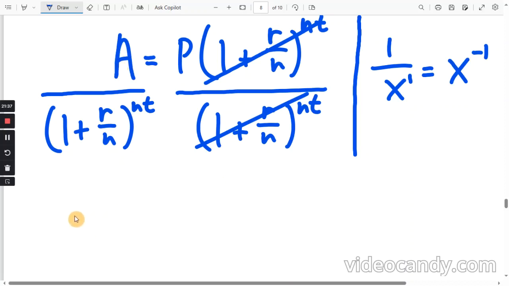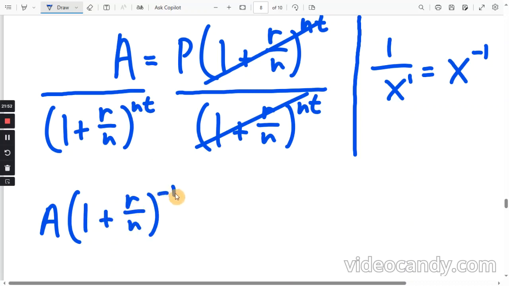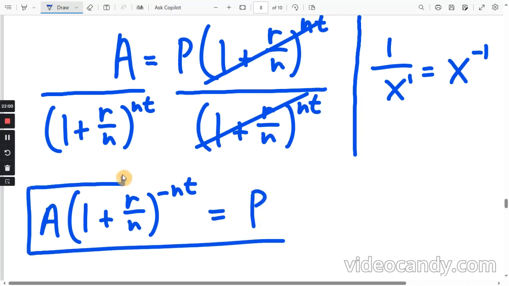So same thing here. If I move this whole thing up into the numerator, I just keep the same expression, 1 plus r over n, but the exponent is now negative nt. And that whole thing equals P. So that right there is your formula for present value.